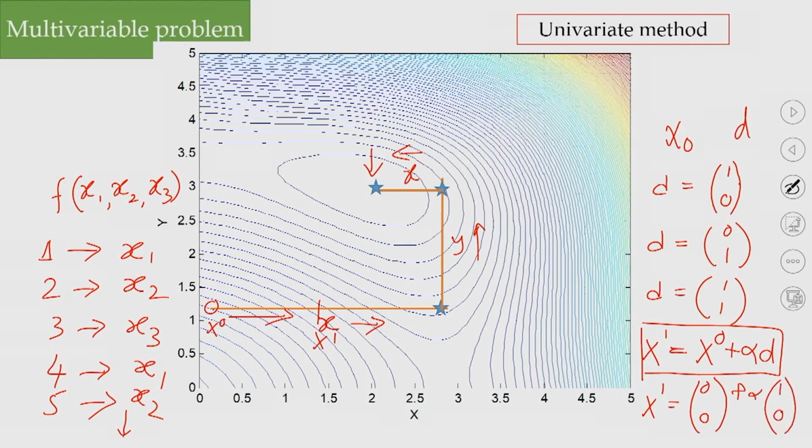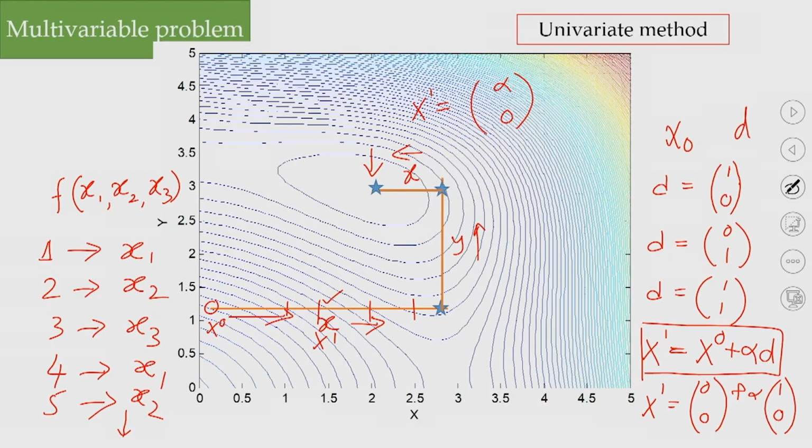What is x1 here? x1 equals (alpha, 0). If alpha equals 1, I get this point; if alpha equals 1.5, I get this point; alpha equal to 2, this point; 2.5, this point, and so on.